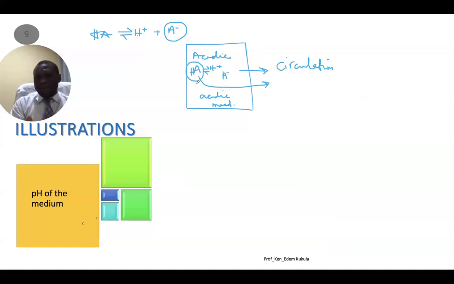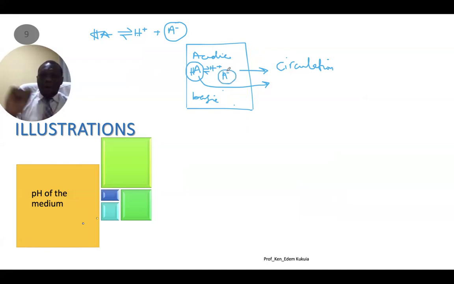The next thing is that if I have an acidic drug, but then that acidic drug is in a basic medium, the equilibrium will shift to favor the charged form of the drug.